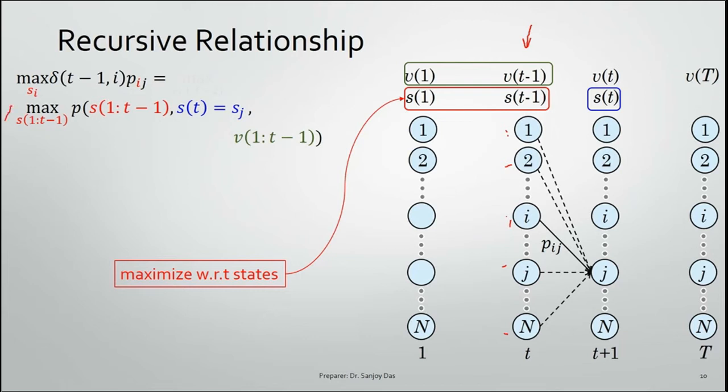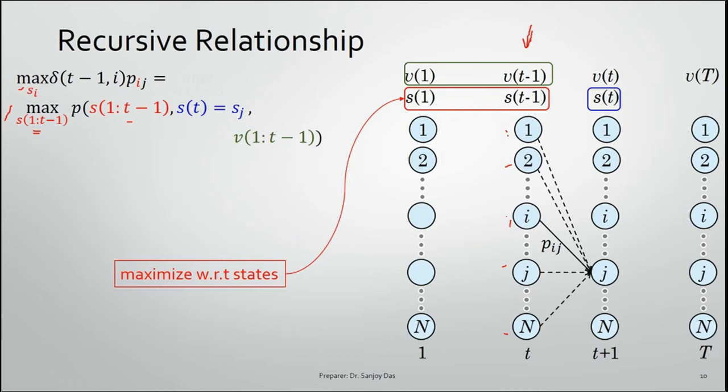Now I was maxing over 1 through t-2. I have to include the t-1 state in my maximum. And so delta t-1(i) Pij, when maxed over Si, which is at time t-1, I get max over S1 through St-1 of P(S1 through St-1, St equals Sj, V1 through Vt-1).